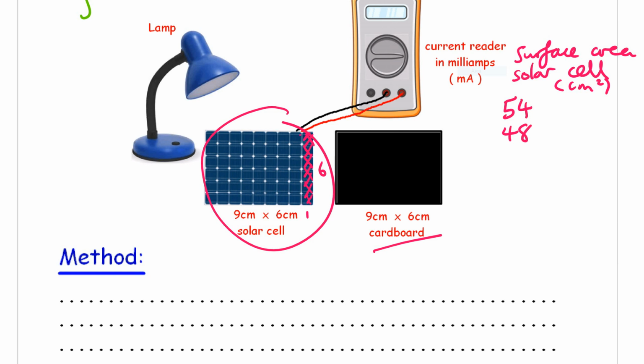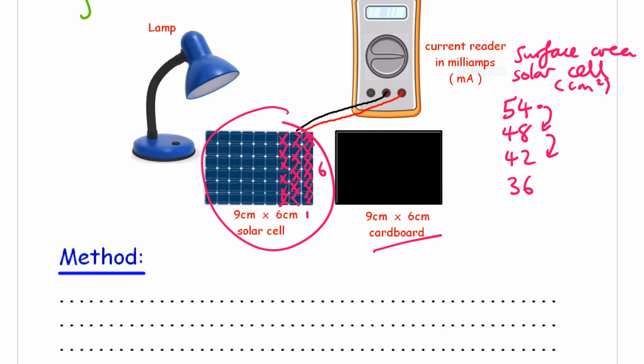If you cover up another centimetre this way, then you reduce the surface area of the solar cell by yet another 6 centimetres squared. So it's gone from 54 down to 48, down to 42, then it will go down to 36. That will be this. All of that is covered up.